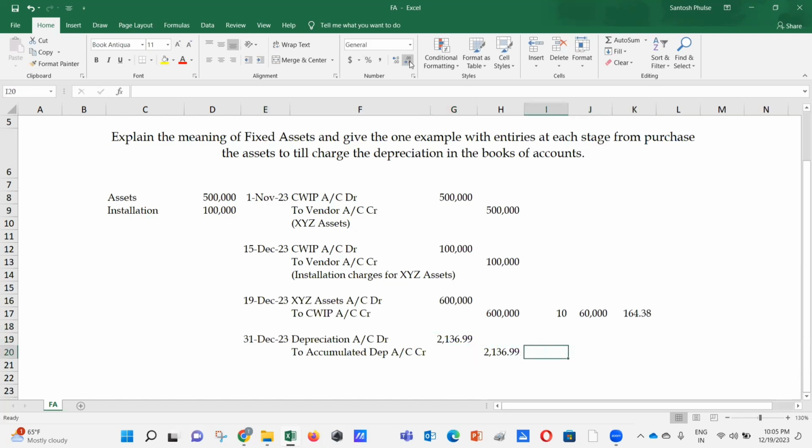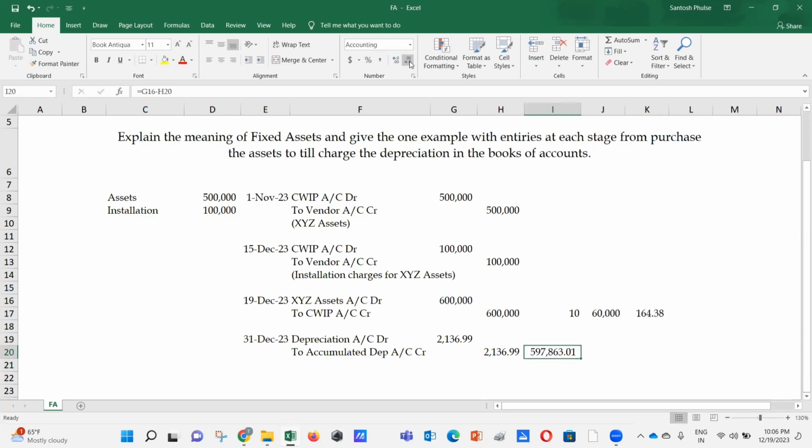This is going to reflect in your balance sheet towards your fixed asset, but this amount is going in negative, and the net block is your fixed asset less accumulated depreciation. So the net block or WDV for that asset as on 31st December in the balance sheet is going to be presented as 5,97,863.